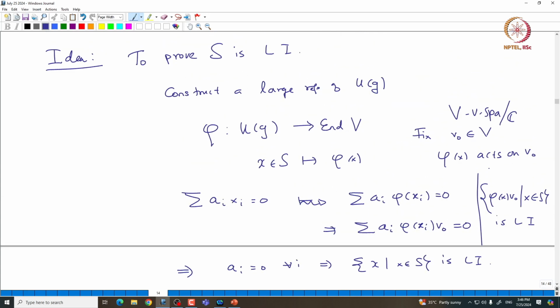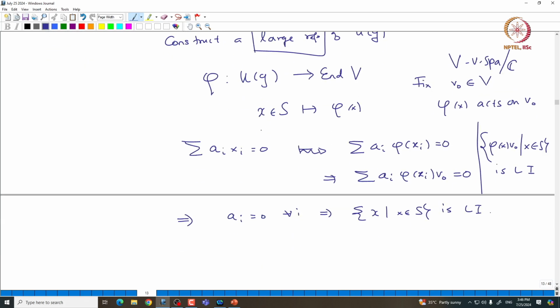So, this is the idea to prove that any given set is linearly independent using representation theory. So, you have to construct a big representation and then make all the elements of UG act on this vector space and pick a very nice vector, so that when you act on it using all the elements of this S, that set will form a linearly independent set inside capital V. Okay.